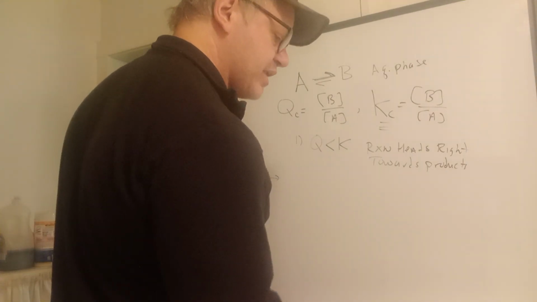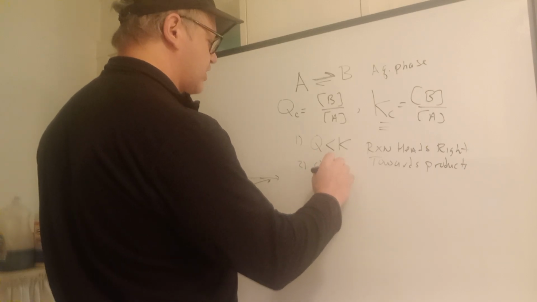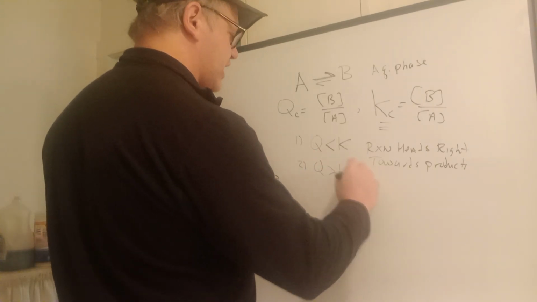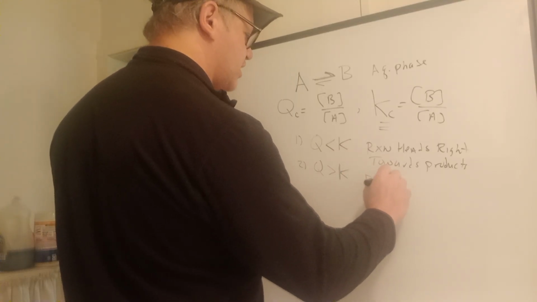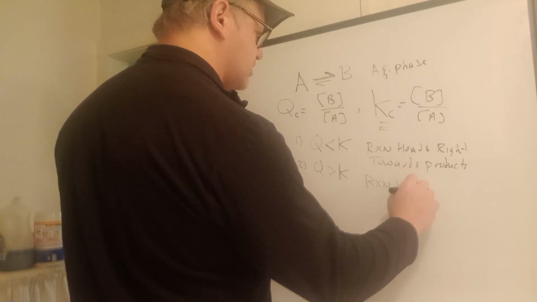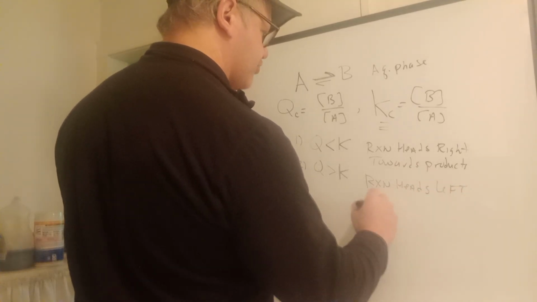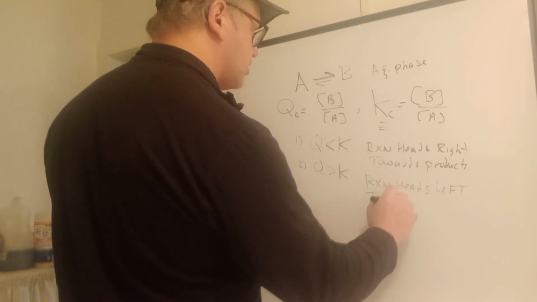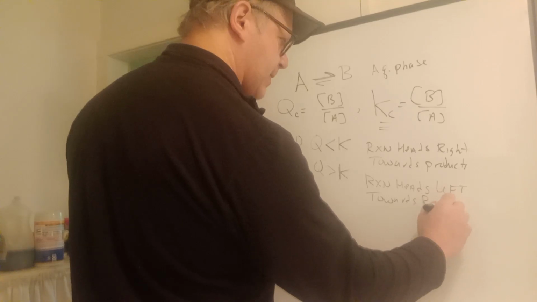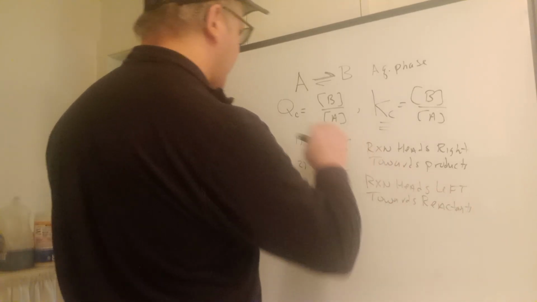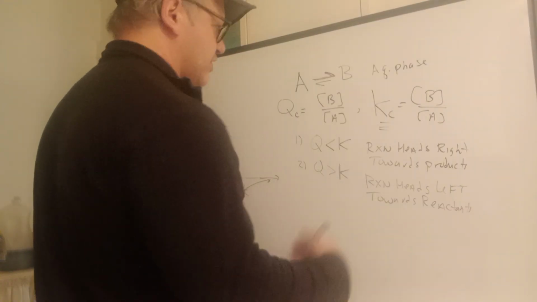So on the other hand, case 2 obviously will be Q greater than K. And we say in that case, I'll make it like a big K, the reaction heads left, which we define in chemistry as towards the reactants. We always write the reactants on the left, the products on the right, and it's the converse case.